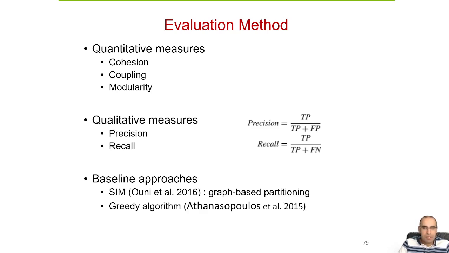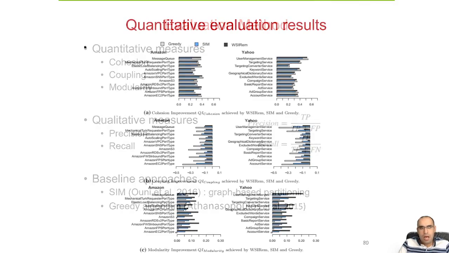In addition, it's important to look at some baselines. So we compared our approach against two existing approaches: SEAM, published in 2016, which is a graph-based partitioning using a deterministic approach, and a greedy algorithm, to see what advantages our approach can bring compared to these two approaches.